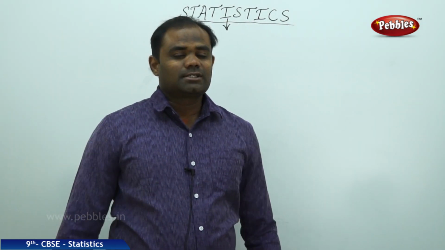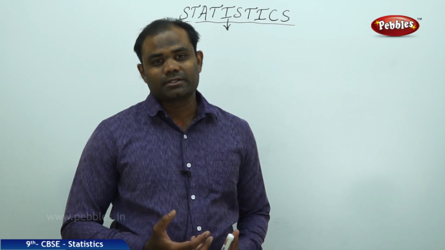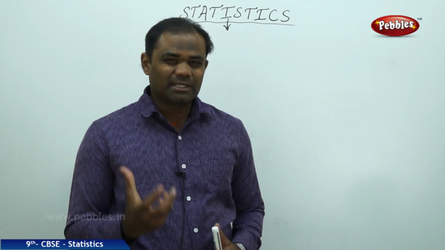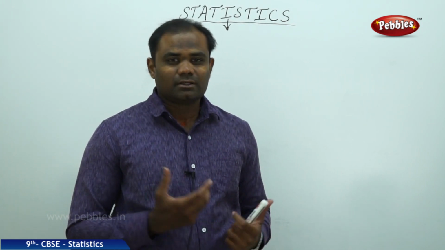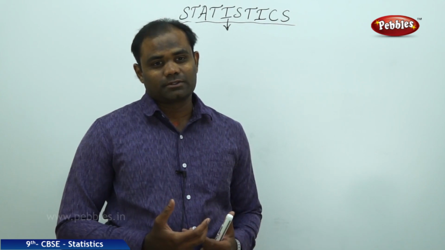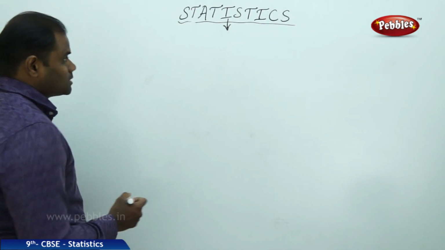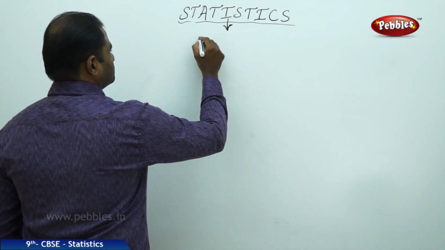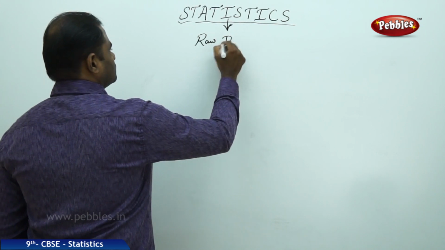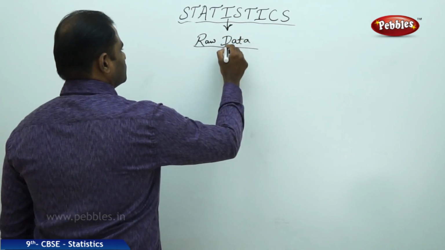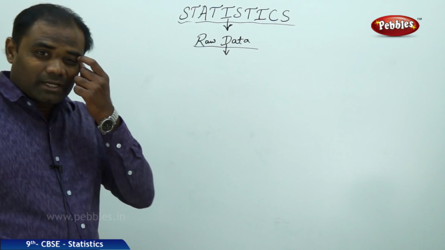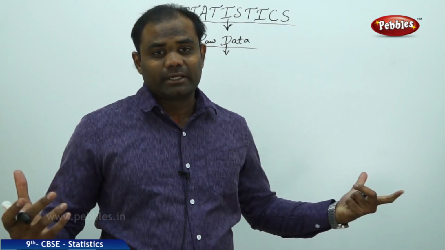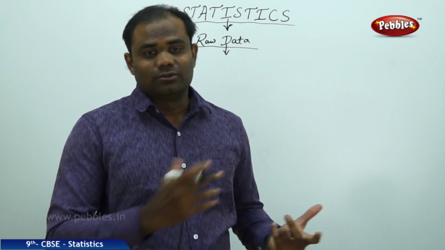Now that we have discussed certain common terms in statistics, let's continue further to take an example problem and understand a few key mathematical concepts used in statistics. First thing is the raw data. Raw data is generally assumed to be that data which is directly taken as the values listed out.